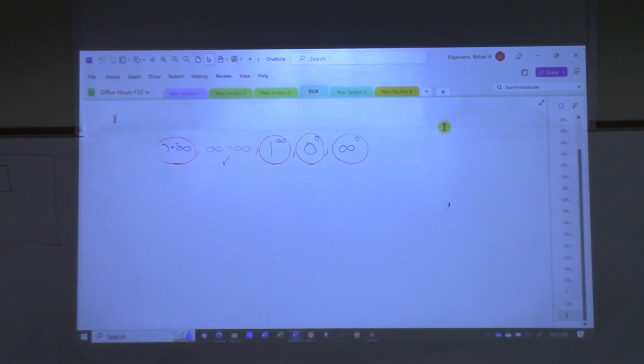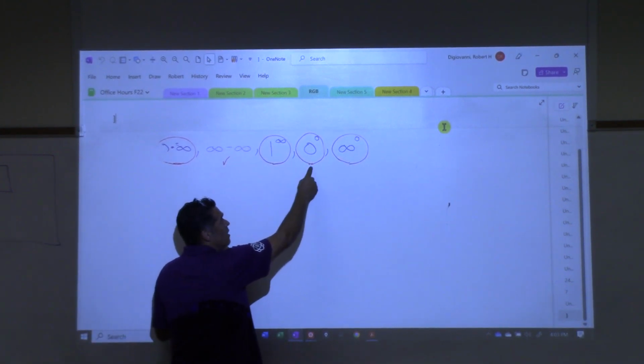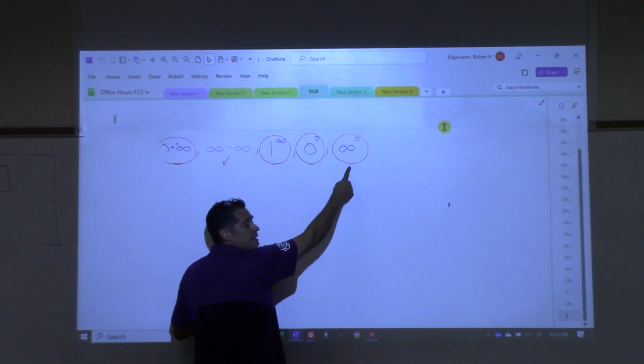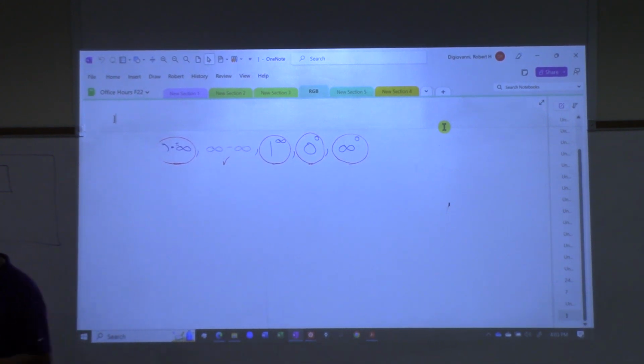All right. So this last one I'm going to do, I've done one like this. Let's just do one like this now. Let me see if this worksheet had one. We're trying to do infinity.